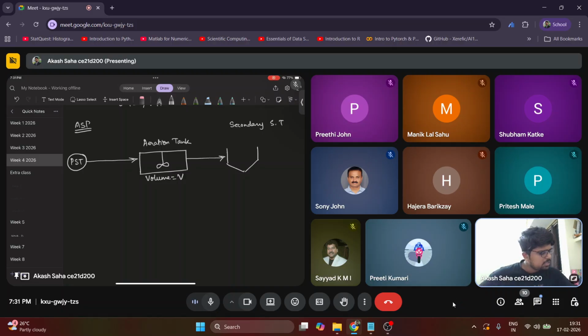So here generally the sludge will get accumulated, it will be settled down. Some part will be overflowing as the effluent, and this sludge will be rejected out, and some part of this sludge will again be recycled into the aeration tank.